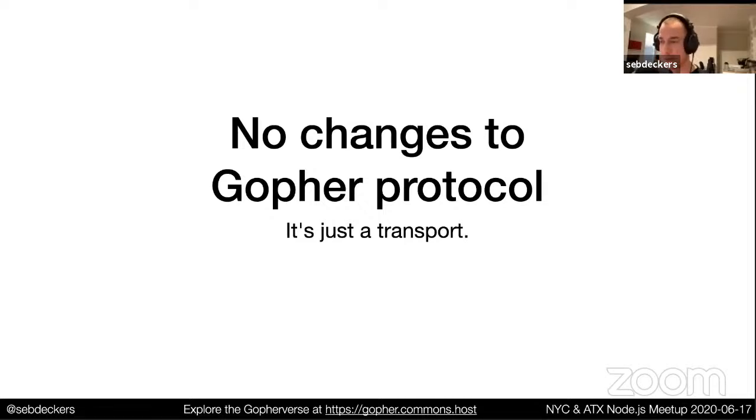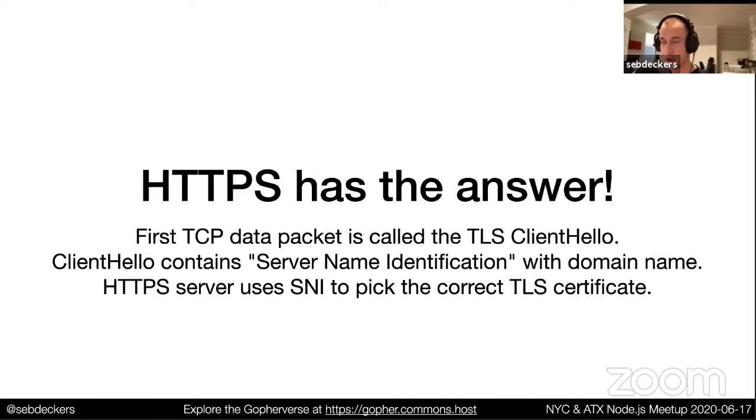Like HTTPS does, we use SNI to look up the domain name that's being connected to. TLS has this because TLS servers need to know which certificate to use for the connection. That's very convenient because we can just pass that through to the Gopher layer.